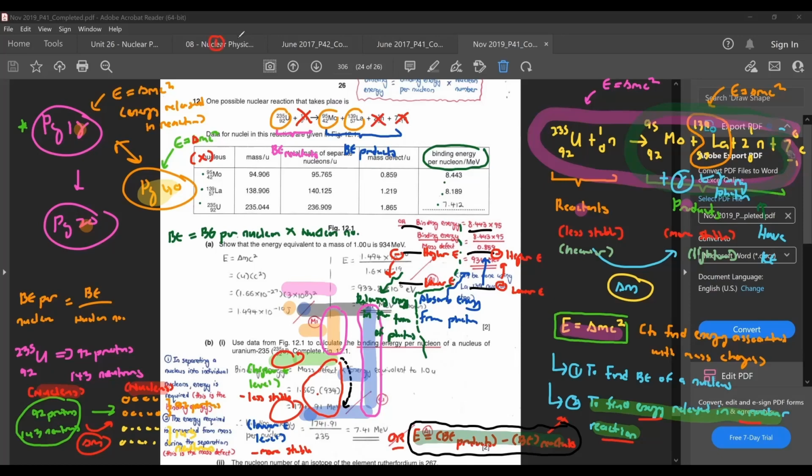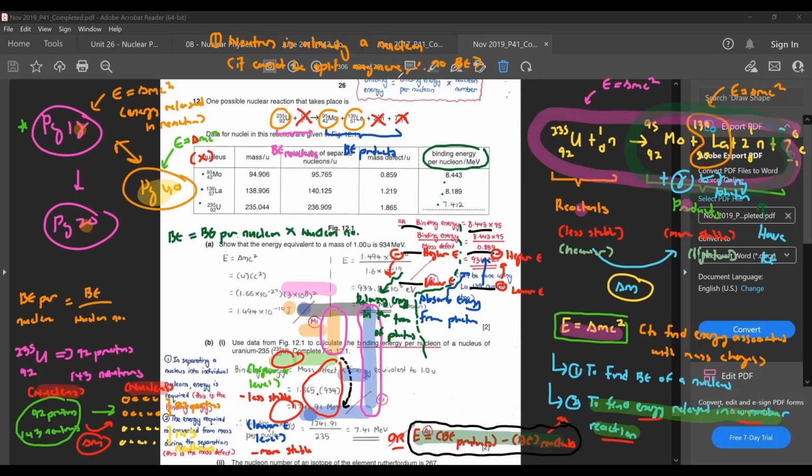Number one, neutron is already a nucleon. It cannot be split anymore. Therefore, no BE. There is no BE for neutron because it's already a nucleon.